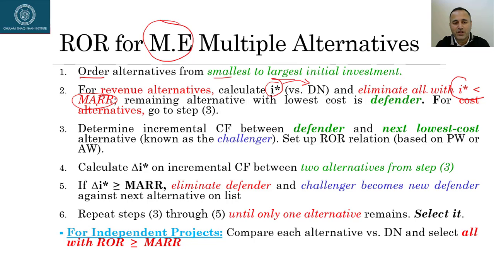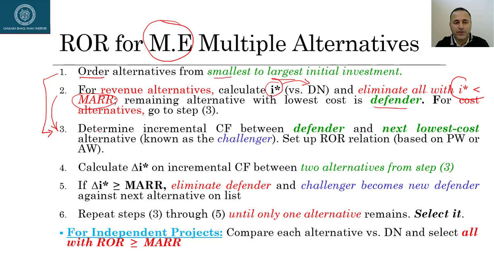Then I just discard it. The remaining alternative with the lowest cost is the defender. For cost alternatives, we will skip from step number 1 to step number 3 directly.